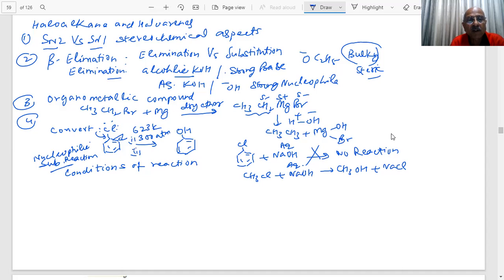And then you have H plus, students. Therefore, we have to write the condition very clearly in such reactions. A question has been asked repeatedly in many papers because we are aware that such a nucleophilic substitution is not possible under normal conditions, students. But the interesting thing is this, students.